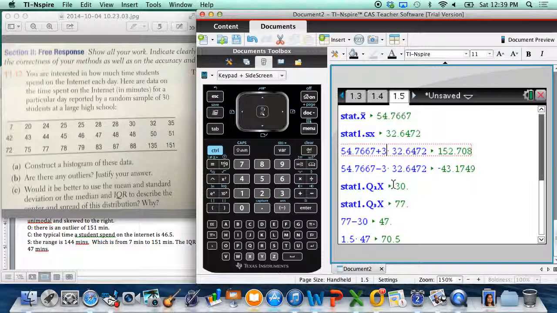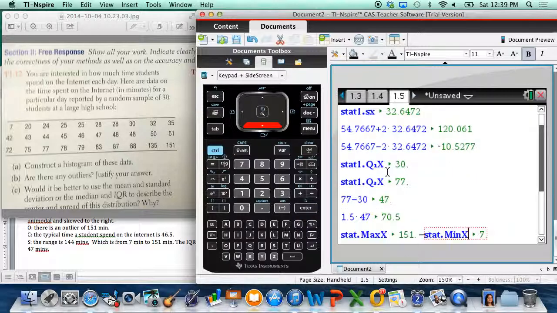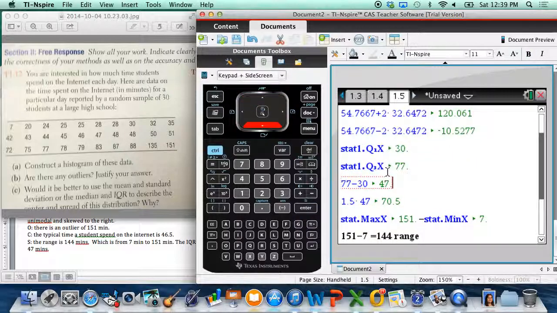The only really solid rule for outliers is the IQR. That 1.5 times the IQR, there is no question about that rule. So let me go down and I calculate the IQR, which is 47. 1.5 times 47 is 70.5.